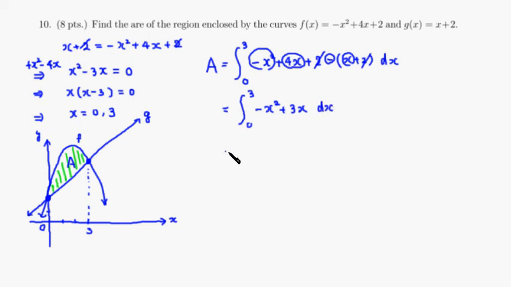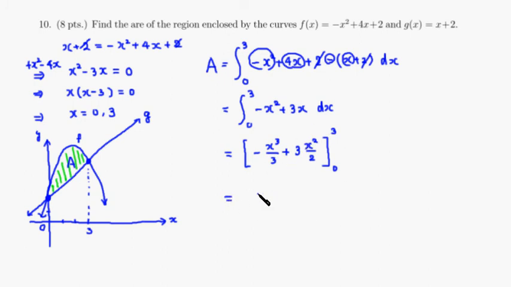Let's take the antiderivative. The antiderivative of negative x squared is negative x cubed over 3, and the antiderivative of 3x is 3 times x squared over 2. Then you evaluate from 0 to 3.